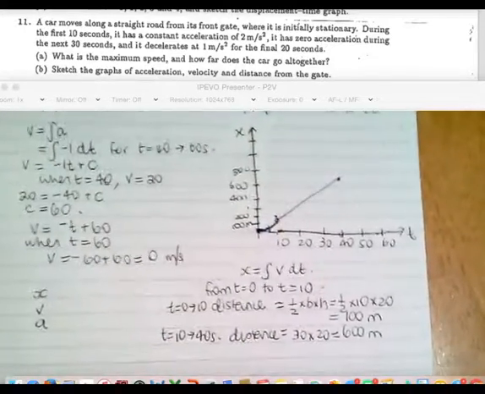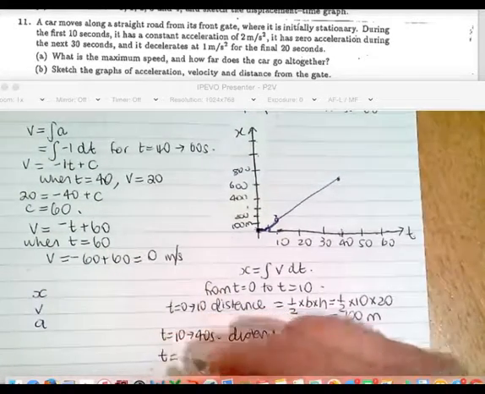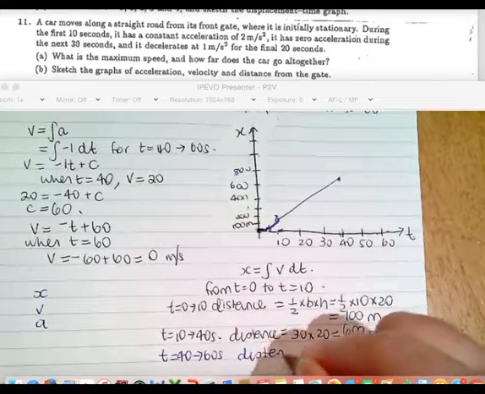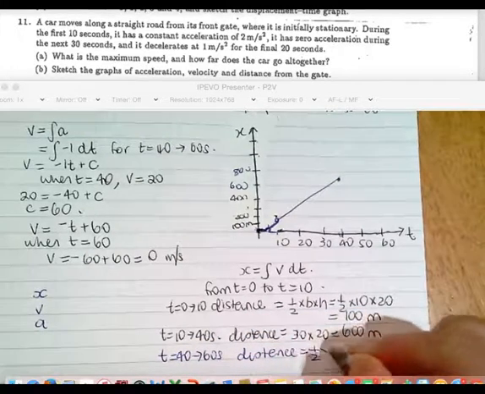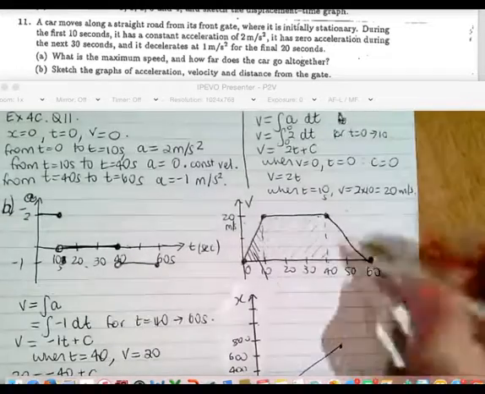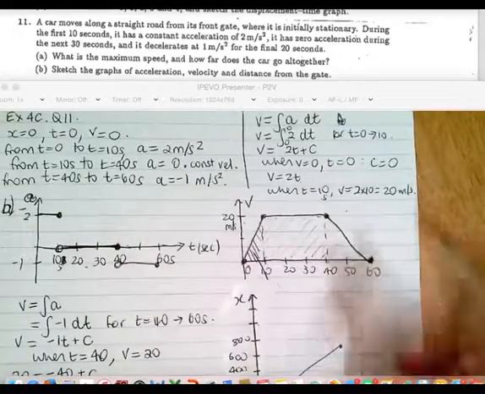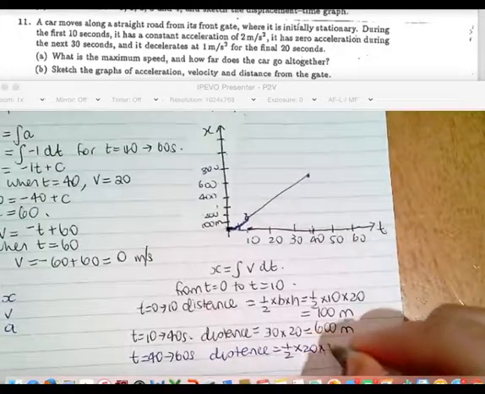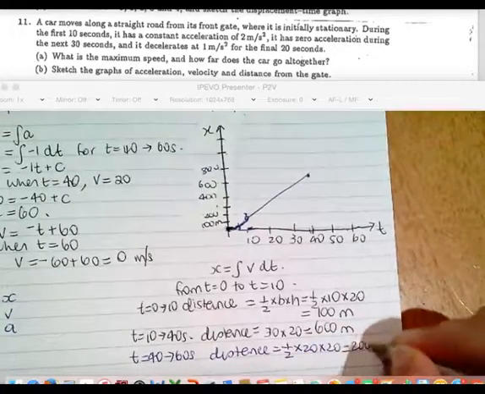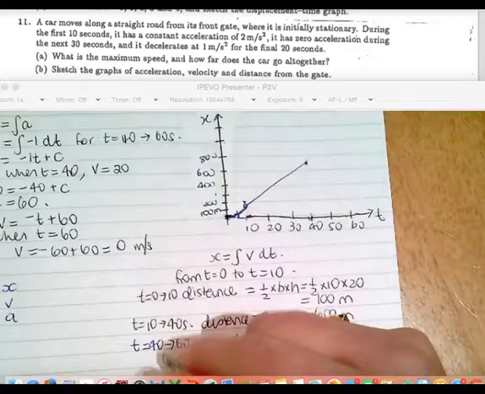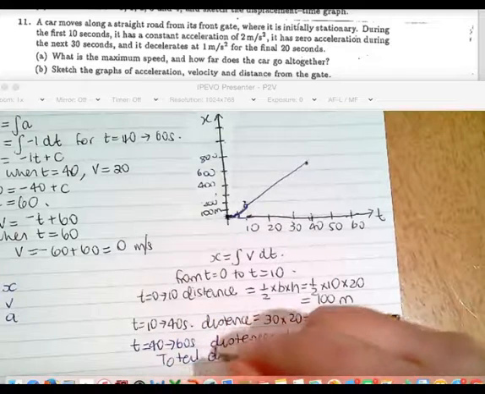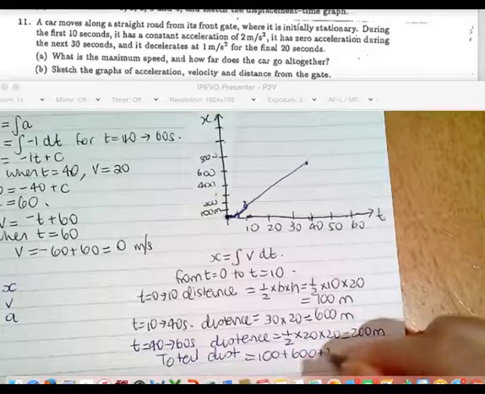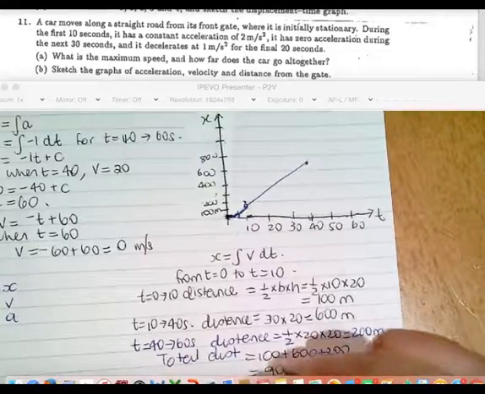From t equals 40 seconds to 60 seconds, the distance is going to be the area of the triangle, which is a half of 20 times 20, which is a half of 400, which is 200 meters. And so therefore the total distance is 100 plus 600 plus 200, which is 900 meters.